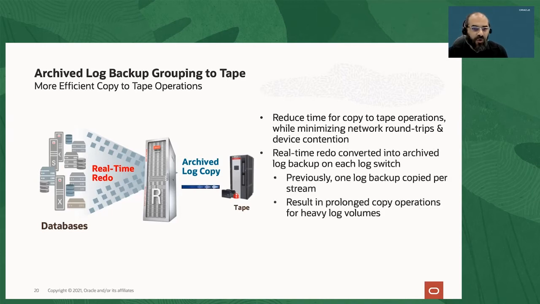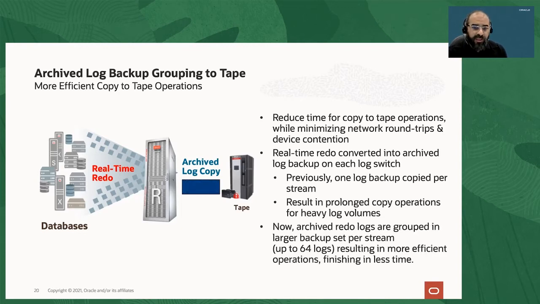devices. So what we did is, originally we used to have a 1-by-1 copy, and it's not very performant when you have thousands of archive logs to copy. So each stream will take one file to copy. Now we are coming with a grouping. So we are grouping up to 64 logs per stream.